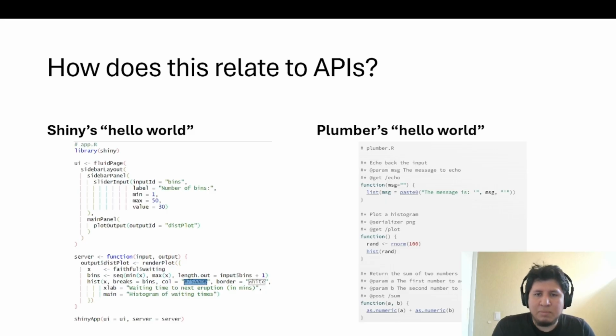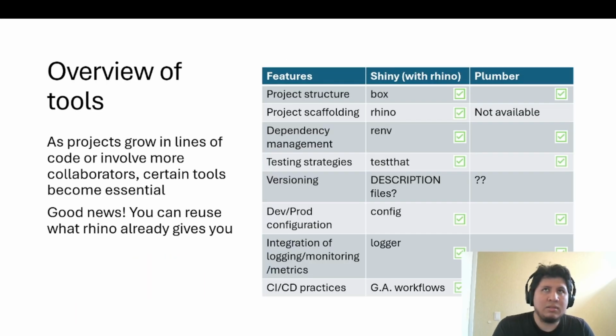So the problem with this is that as your development starts growing, maybe your application will need at some point to be split into different files just because one single file will get too big.